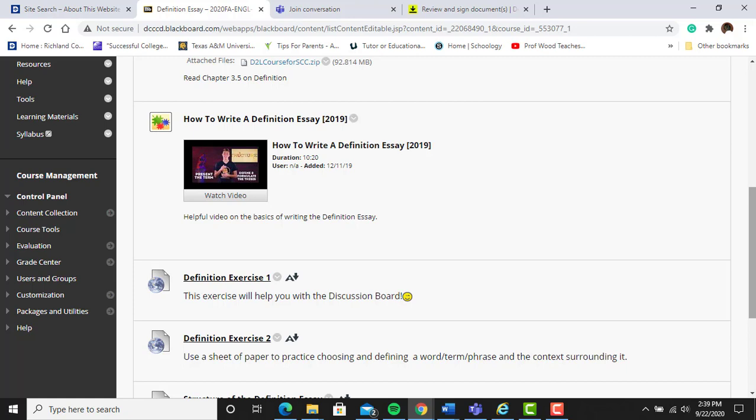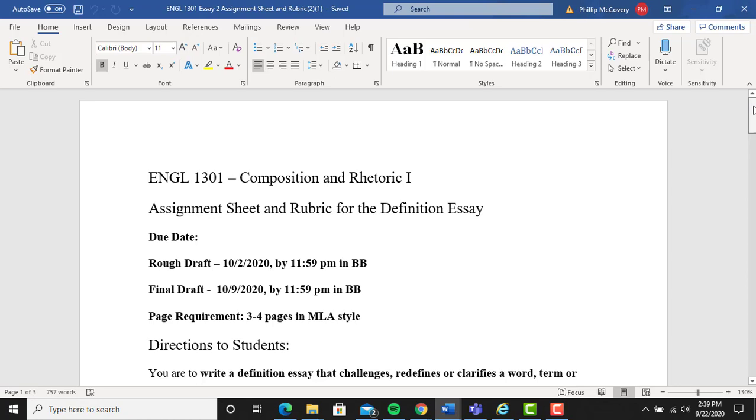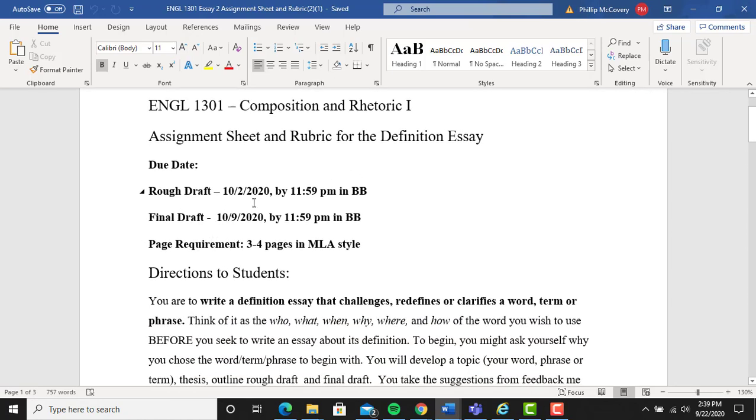Why? Because the rough draft, let's see, yeah, there it is. The rough draft is due October 2nd. And why do we need a rough draft? Because remember, the writing process is pre-writing and then drafting. This part of the writing process will help you to flesh out your errors, to flesh out your ideas about definition.